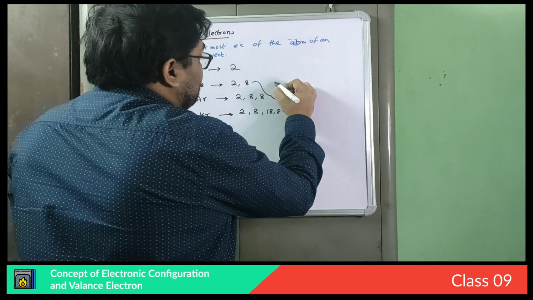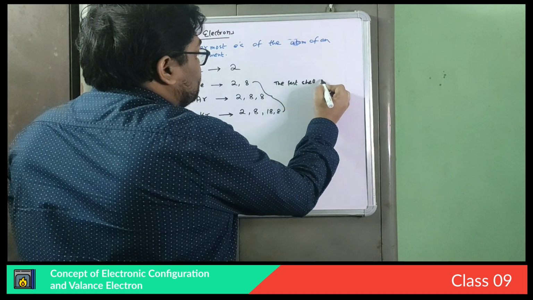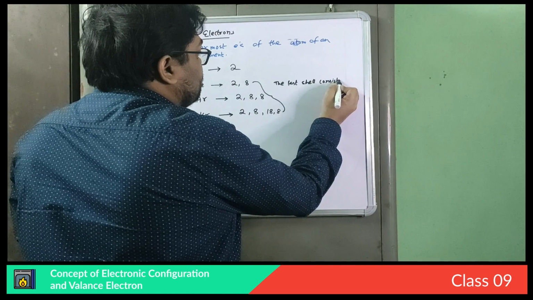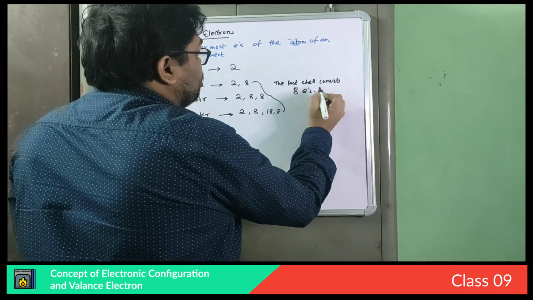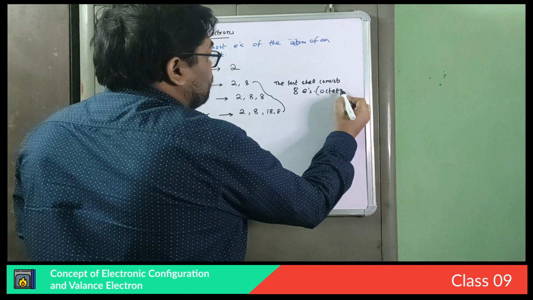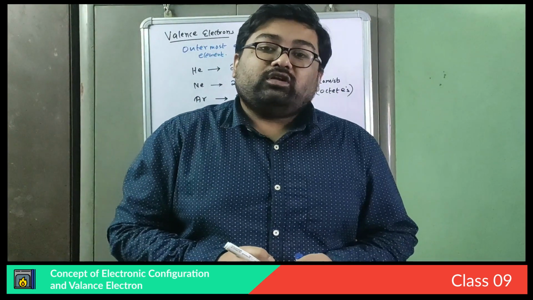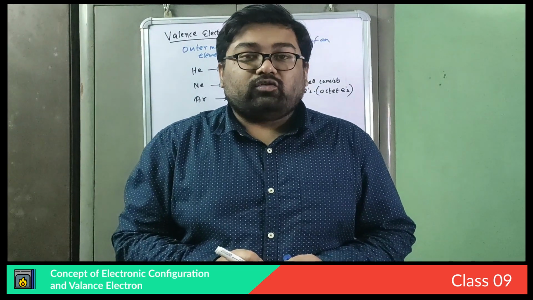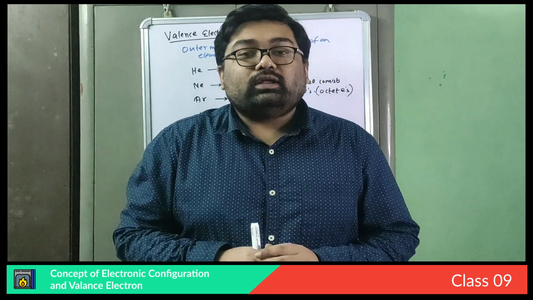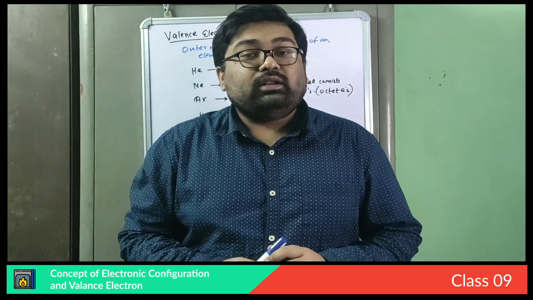That is, the last shell consists of 8 electrons, and this is a case of octet electrons. If the last shell of an atom consists of 8 electrons, we call them octet electrons, and these atoms are very stable in nature.